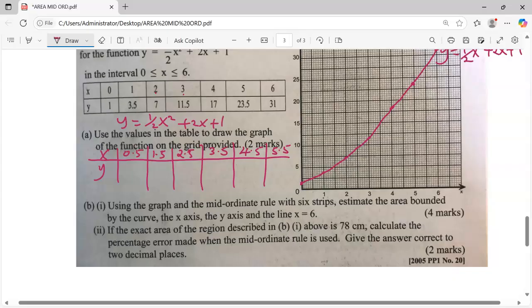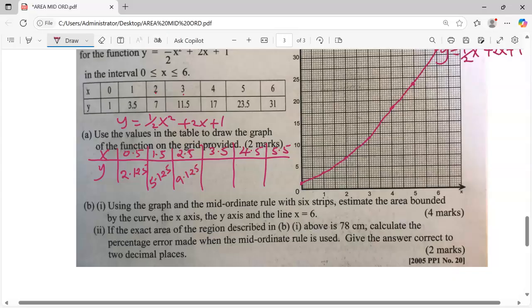When the value of x is 0.5, you substitute in the function, then y is going to be 2.125. When the value of x is 1.5, the value of y is going to be 5.125. When the value of x is 2.5, this one is going to be 9.125.